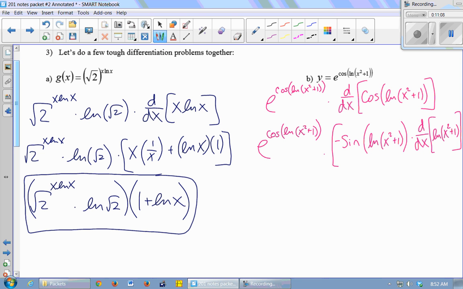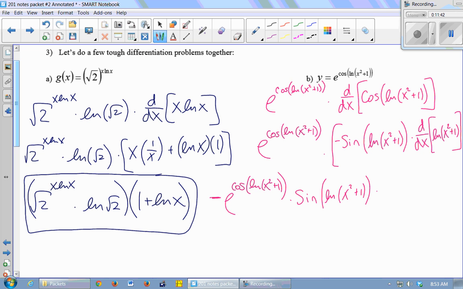Okay, so now I just copy down what I've already done. Kind of moving left because I'm running out of room. Each time I take a derivative, it takes up more space. I'm going to put the negative out front here. So this just becomes times the sine of the ln of x squared plus 1, just copying down what I already have, times, now I work on taking the derivative of the ln of x squared plus 1.